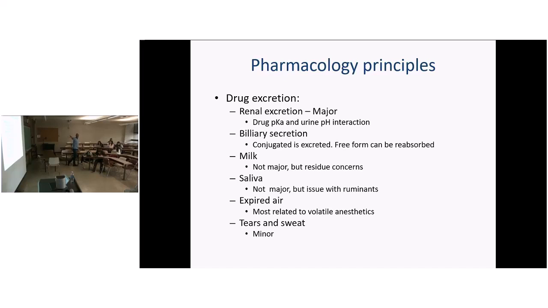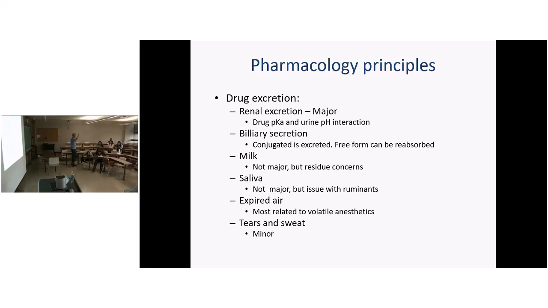on the absorption side. By the time it comes to excretion, renal will be by far the most. Most of the metabolization will occur in the liver, and most of the excretion will occur in the kidneys. However, you're going to see a lot of drugs being excreted by multiple routes.